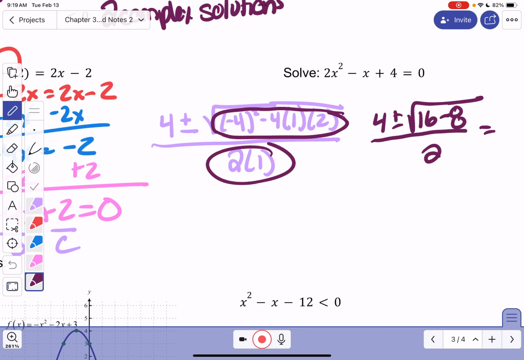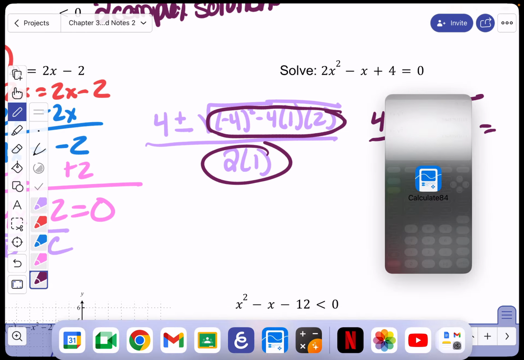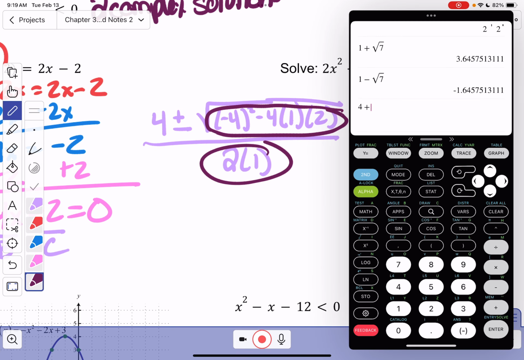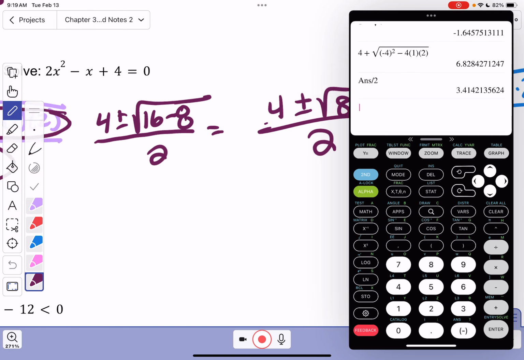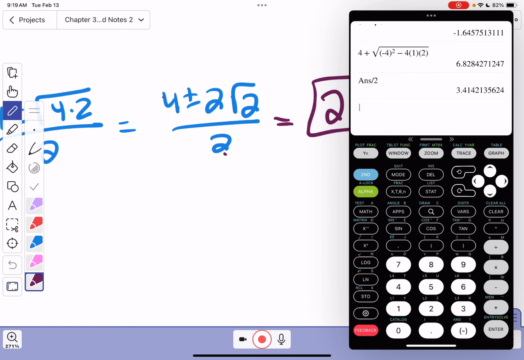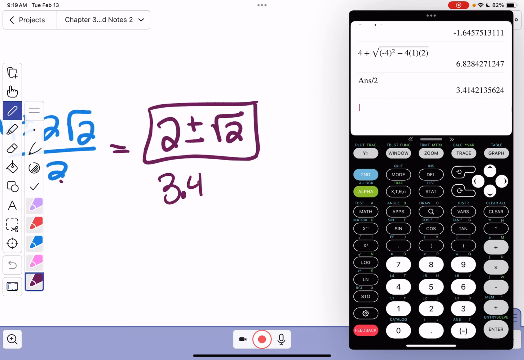You also can type it right into the calculator. 4 plus square root of, parentheses, negative 4 squared minus 4ac, and then divide by 2. That gives me, I'm just going to write it, 3.41.